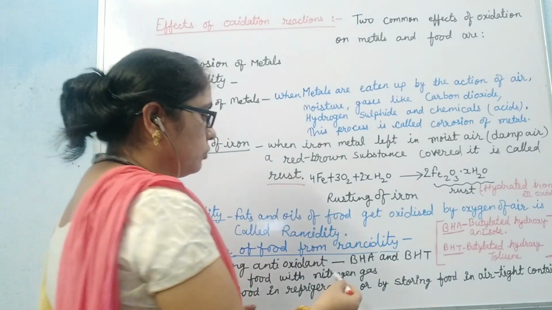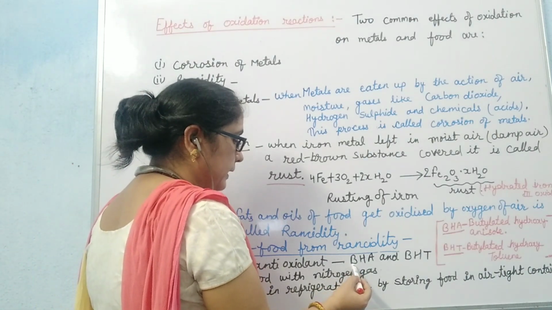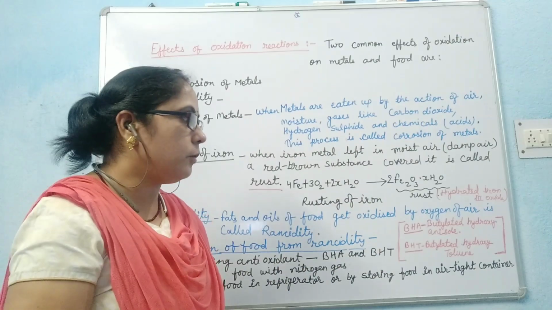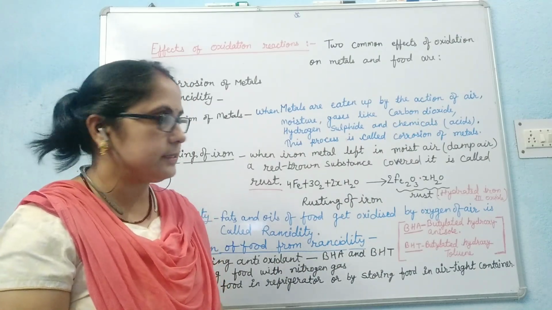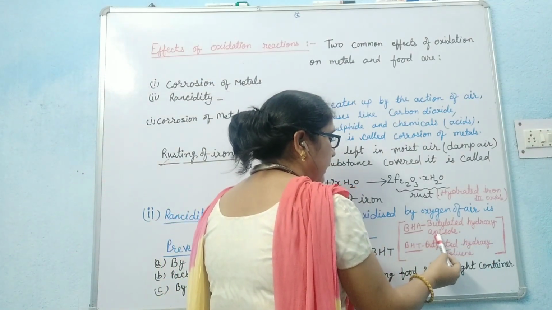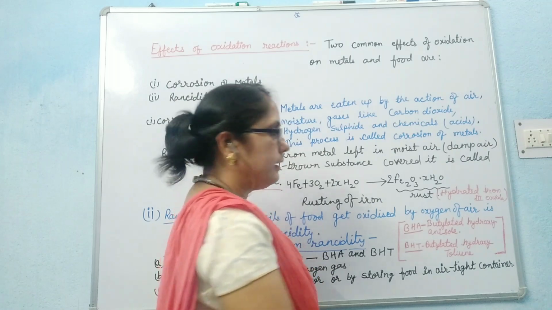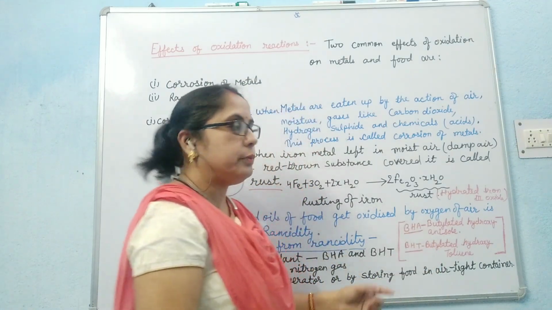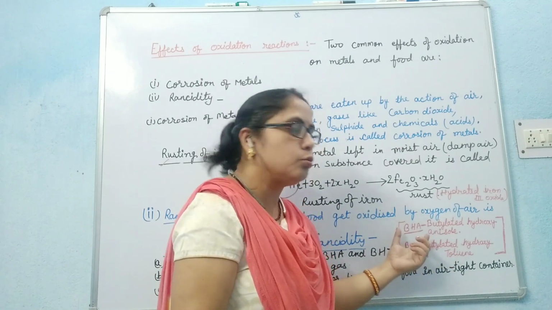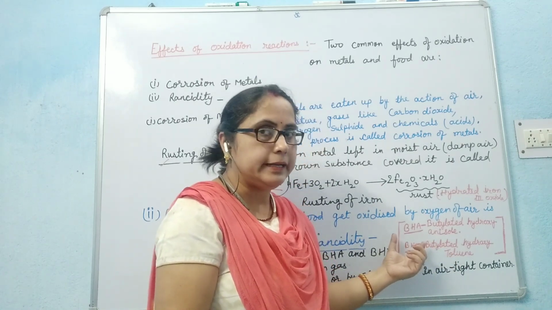We mostly use the antioxidants BHA or BHT. The full form of BHA is butylated hydroxyanisole, and BHT means butylated hydroxytoluene. These two act as antioxidants.